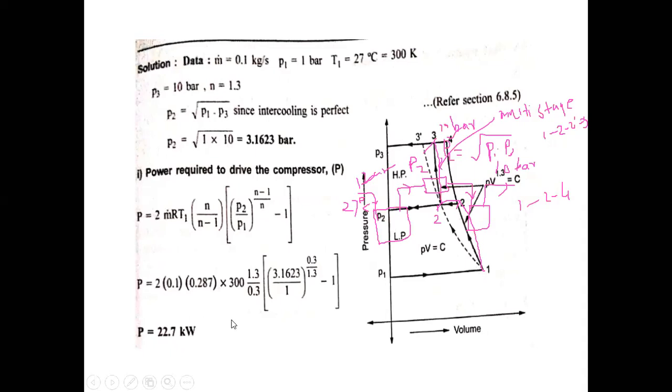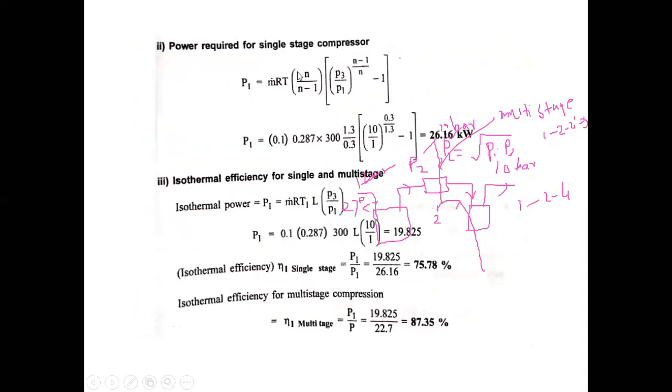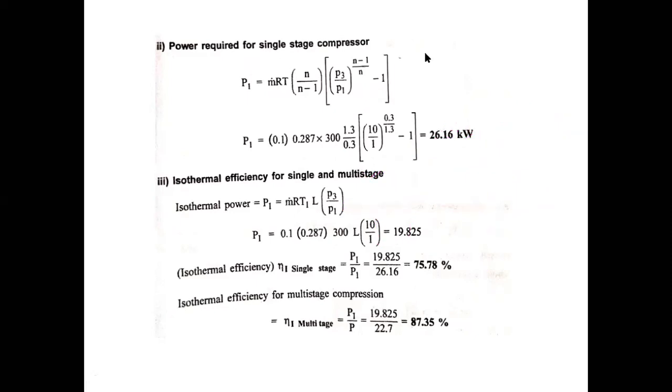The power required to drive the single stage compressor is given by the simple formula we already saw earlier. We just put in the mass flow rate, gas constant, temperature and value of n, and we get the answer, 26.16 kilowatt.